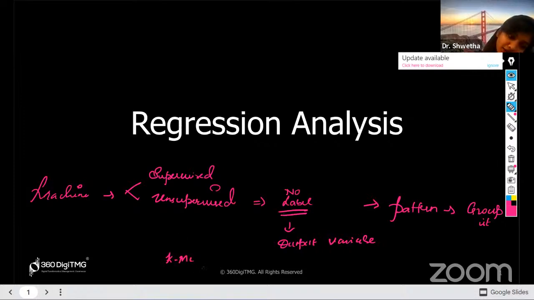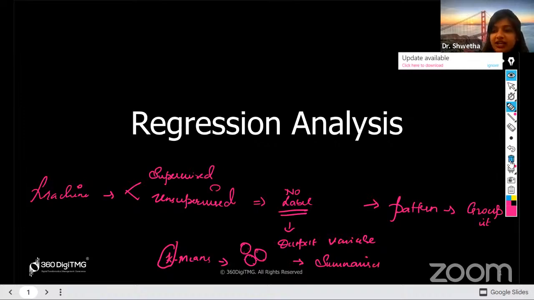Yesterday we saw the k-means, wherein k stands for number of clusters. So we had defined a few number of clusters, and the whole data was grouped into those many number of clusters. Now, the main goal is to summarize over here.